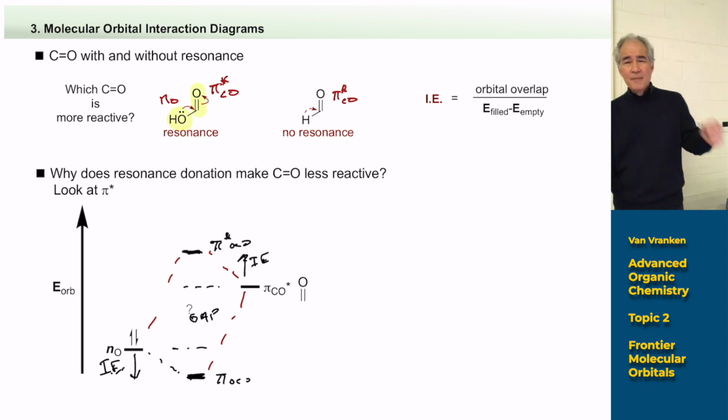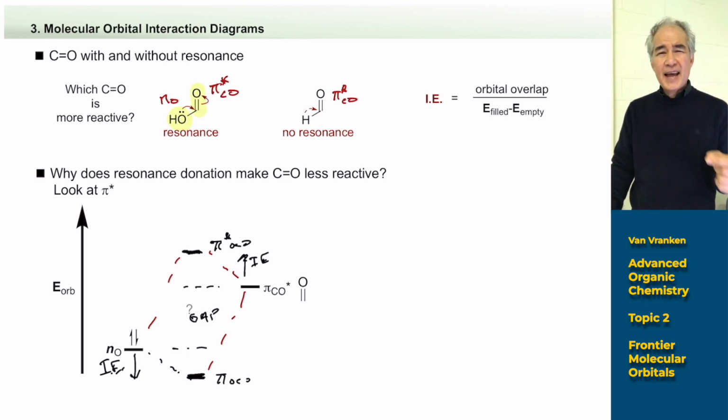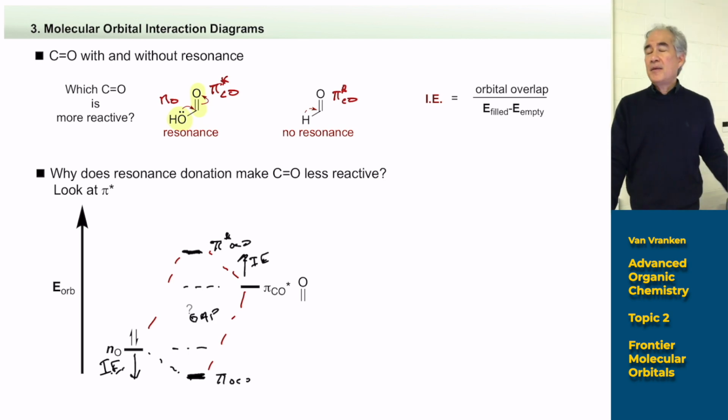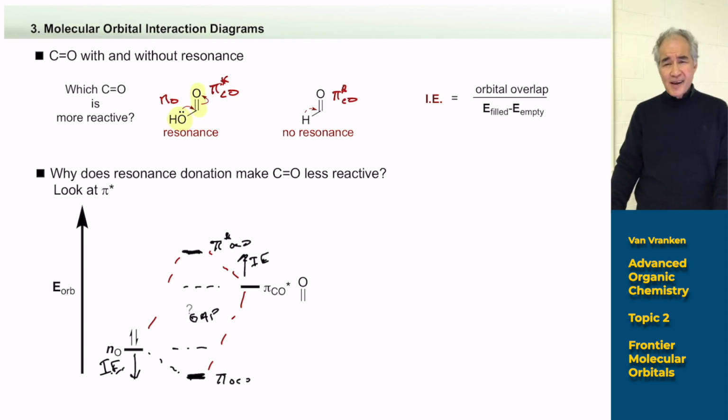If I come in separately now and try to add a different nucleophile, an amine, an alkyllithium, some sort of other nucleophile, cyanide anion, to these two carbonyl groups, which carbonyl group would be more reactive? Well, I want to look at which pi star system is lower in energy. The pi star system that has resonance or the pi star system that has no resonance, just an aldehyde.